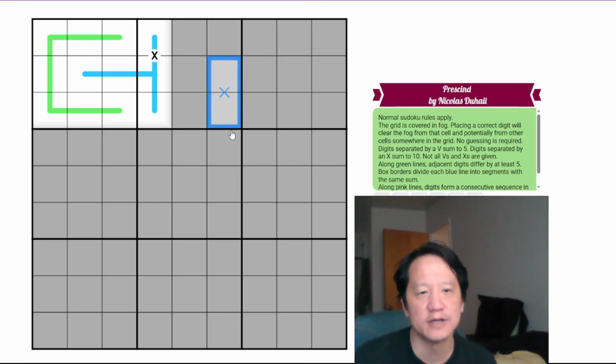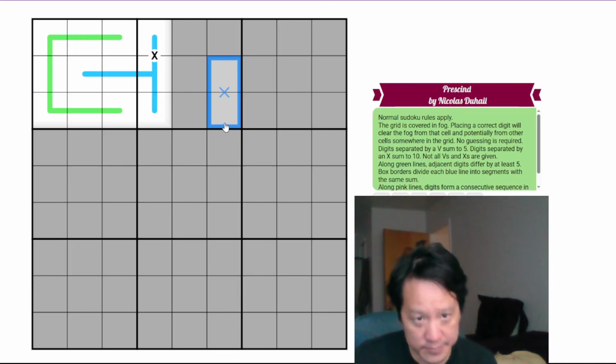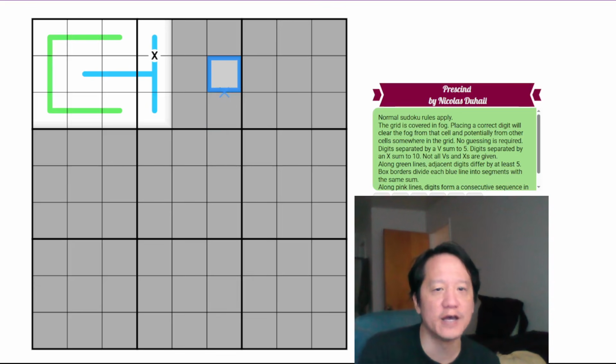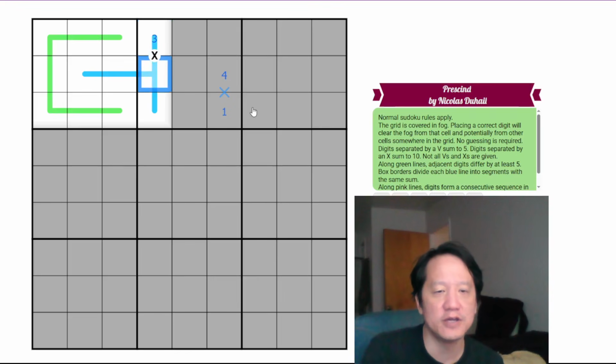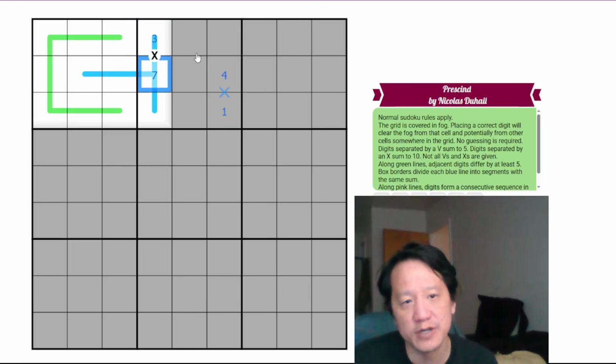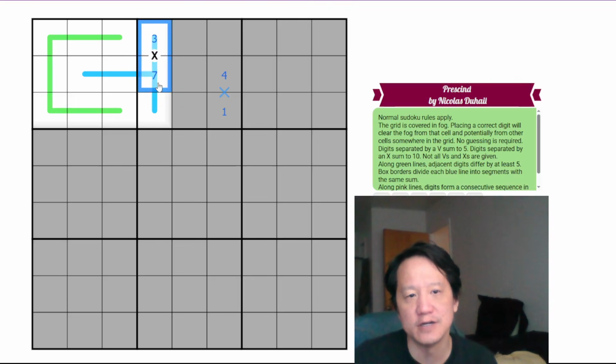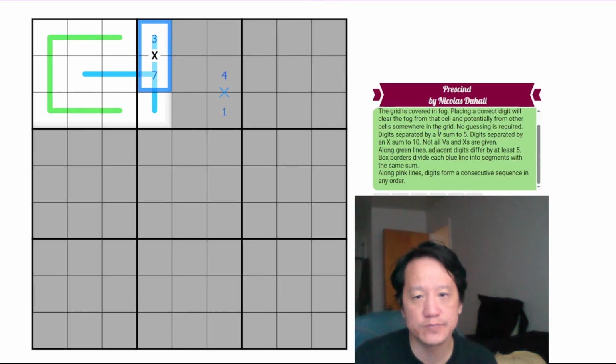Think of it as a hypothetical. Then if we had, say, a 4 here, this would have to be 1 because these digits would be separated by a V and therefore must add up to 5. And say we had a 3 here. This would then have to be 7 because these two digits must add up to 10 because there's an X in between them. And that's an example of how V's and X's work.